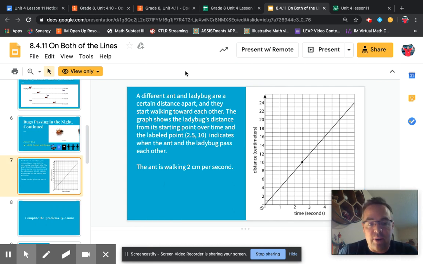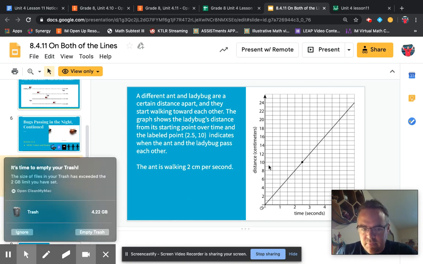I would tell you to pause this if you haven't solved this problem before. I'm not going to go over this too much, but this is what their paper looks like right here.